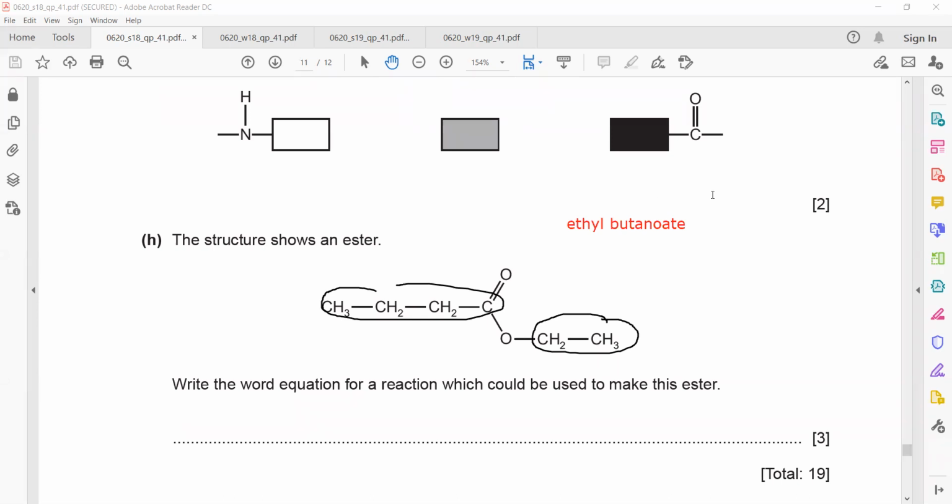Because an equation should be complete, you should mention water as well, because you are writing a full equation. Is it clear? They ask for a word equation, so we don't have to write a formula, just a word equation.